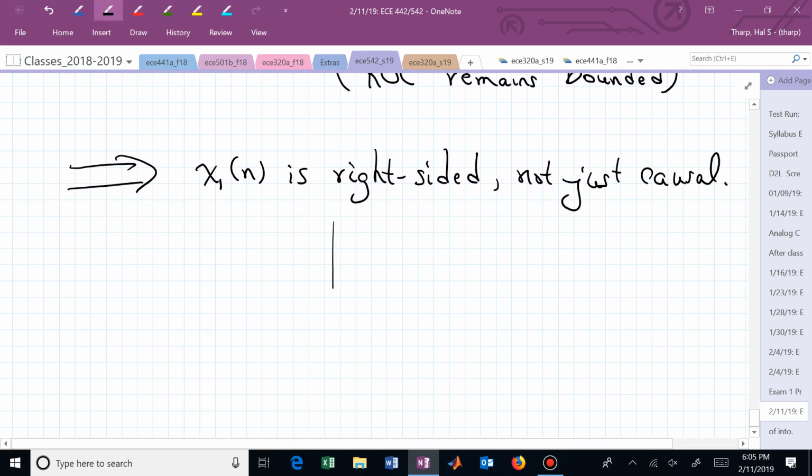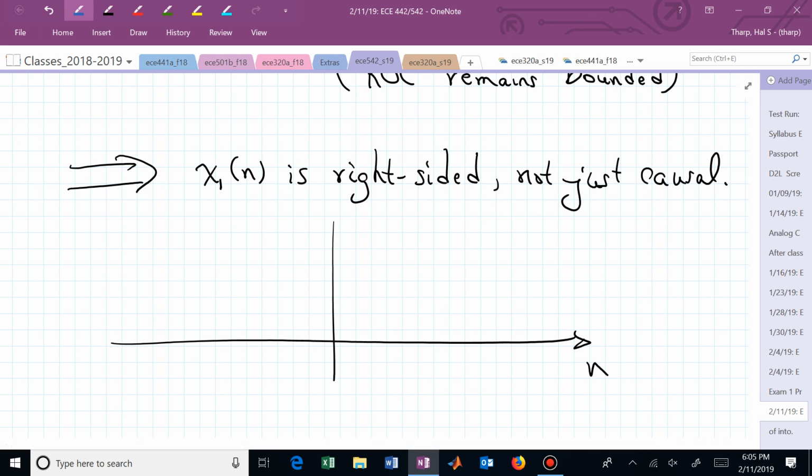Let me draw a picture of what I mean. When it was causal, x1 of n looked like this. Now I'm making a small variation, and I'm saying x1 of n is right-sided. That means its non-zero behavior is to the right of where it begins.